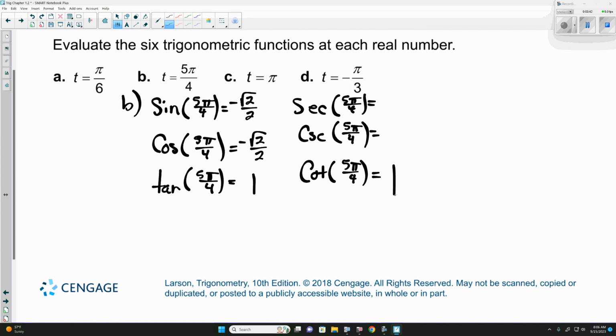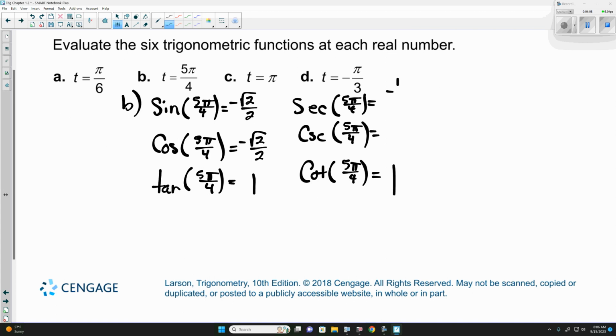Now, secant is 1 over, which one? Sine or cosine? Secant, SEC, it looks like sine, but it's actually cosine. CSC looks like cosine, but it's actually sine. So secant's 1 over cosine.